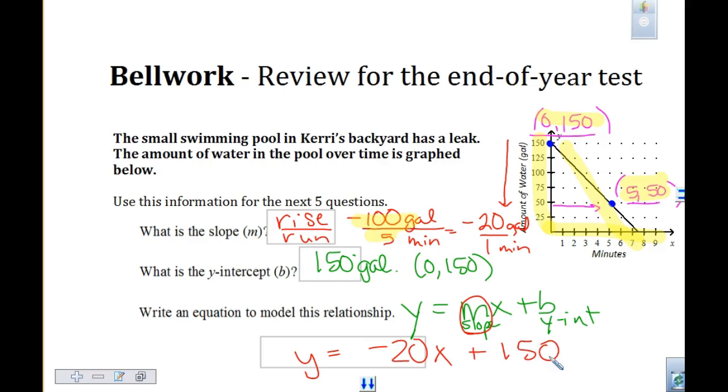What does the negative 20 mean? And you want to say, the pool is losing 20 gallons of water per minute. What's the 150 mean? Oh, we started at 150 gallons, right? So negative slopes go down to the right, positive slopes go up to the right when you are looking at those. So keeping that in mind as we start getting ready for our state assessment.